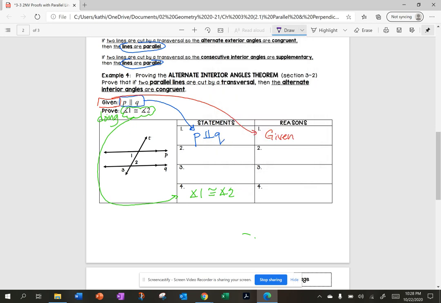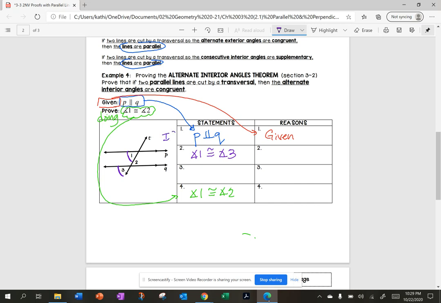If I know my lines are parallel, then I know angle 1 and angle 3 are congruent. And I know that because these are corresponding angles.